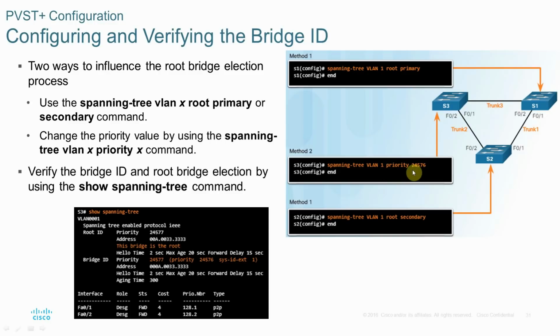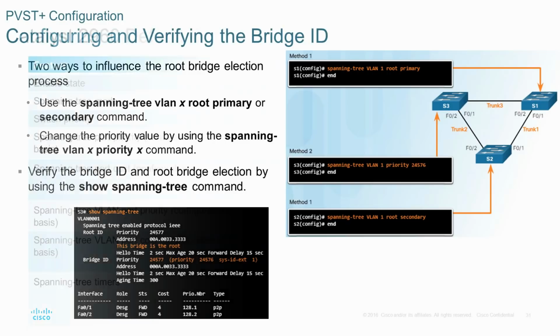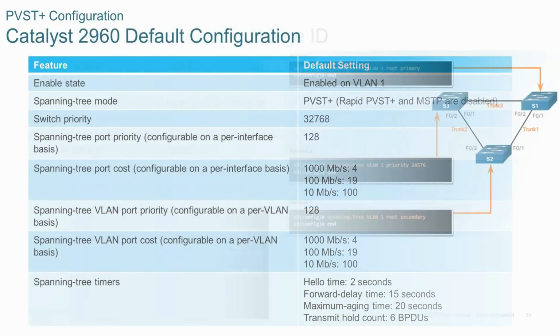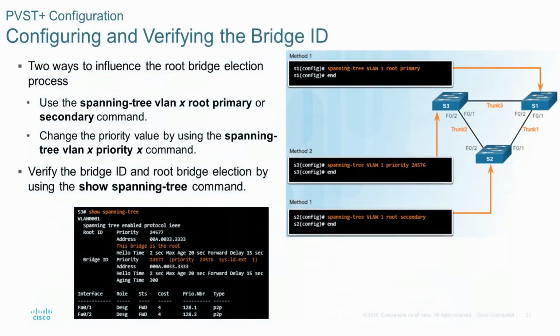Sometimes you can also type the command spanning-tree vlan 1 priority 24576. This is a lower value; the default is 32768. You are making it lower than the default, so you can also use this command to make the primary root bridge.